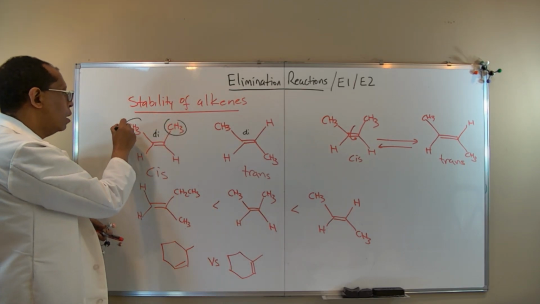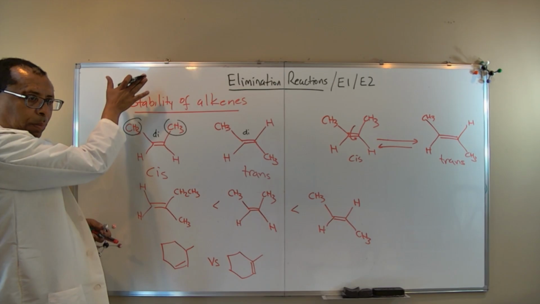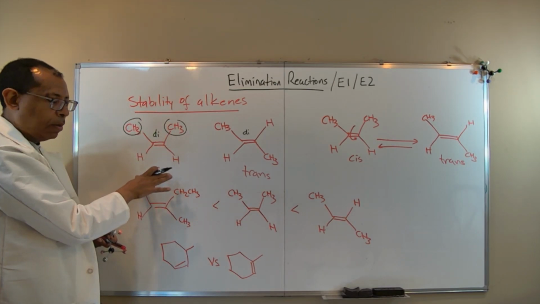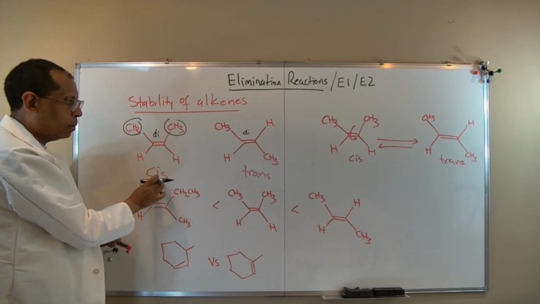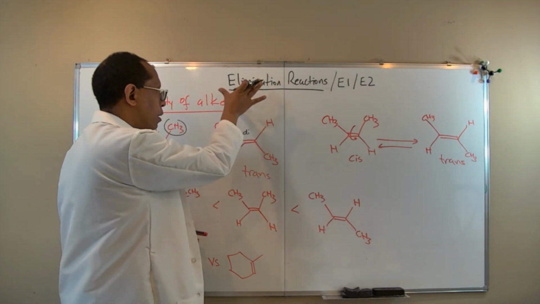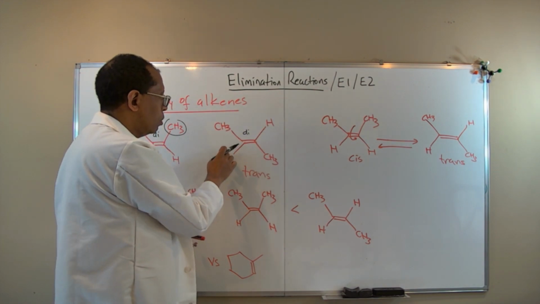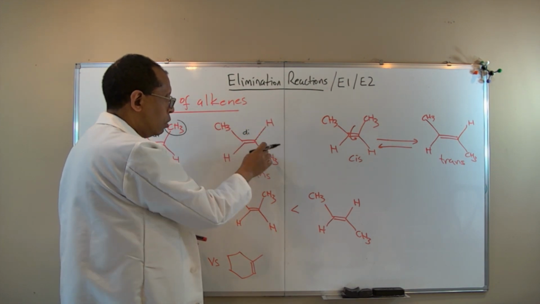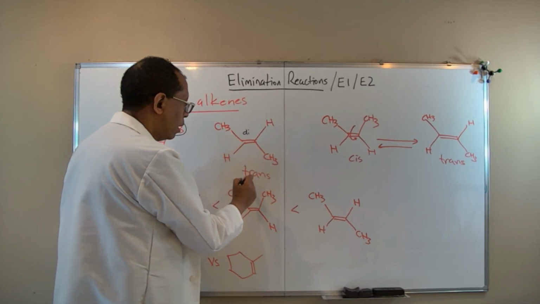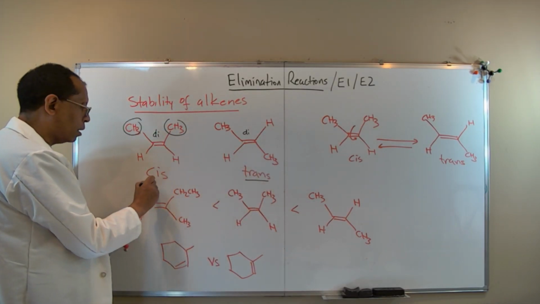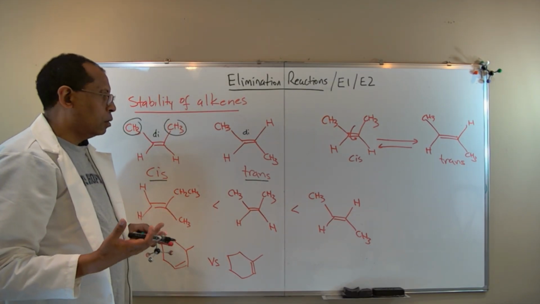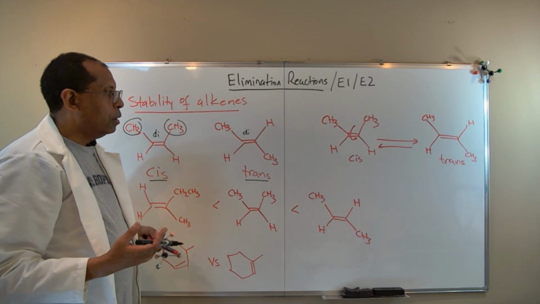CH3, CH3 are on the same face, on the top, and the two hydrogens are down. So this is a cis isomer. Here, one methyl group is on the top and the other is down, so they are opposite. This is a trans isomer versus a cis isomer. Both are di-substituted. So which one is more stable?